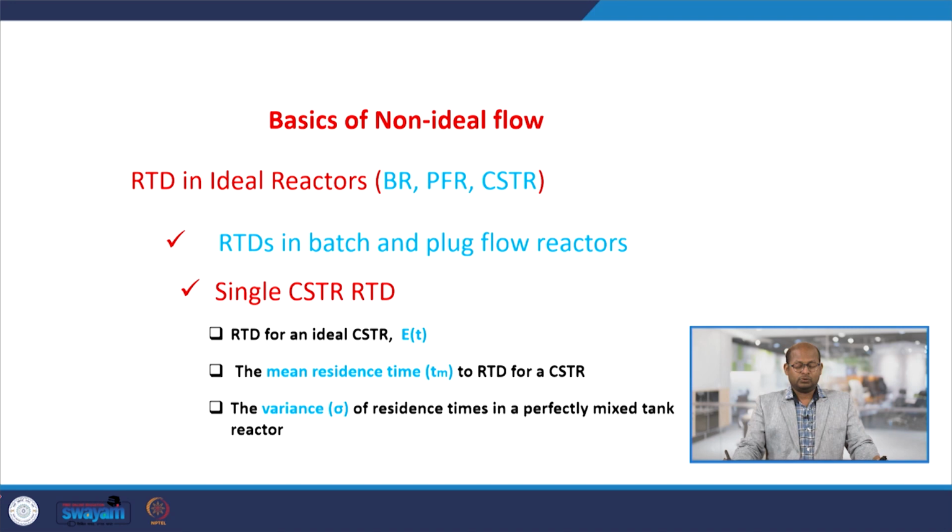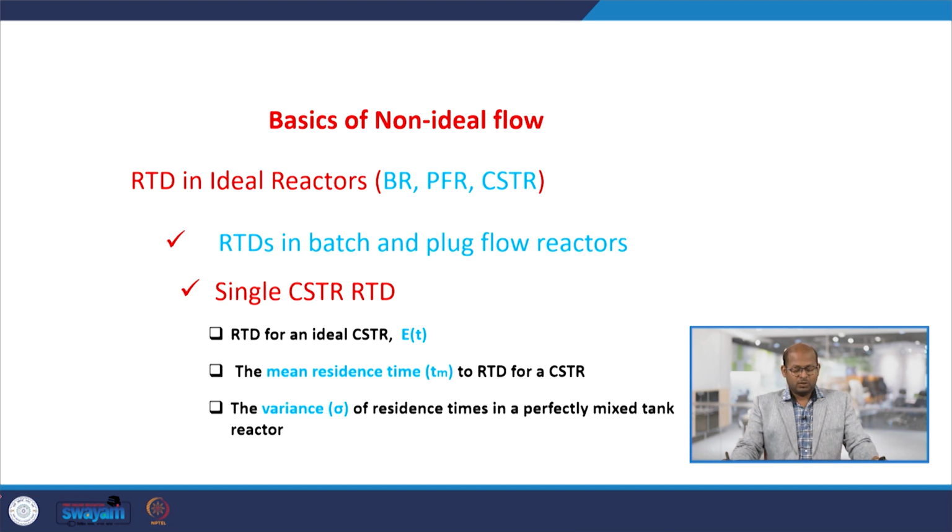So, today we will discuss the basics of non-ideal flow that we have already discussed in our previous class also. So, this is a continuation of that. Today we will discuss the residence time distribution functions, or RTD, in ideal reactors. Those reactors may be batch reactors, plug flow reactors or CSTR reactors.